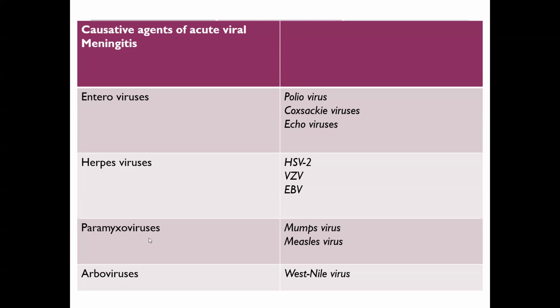Next, paramyxoviruses such as mumps virus and measles virus. And next, arboviruses such as West Nile virus cause meningitis. Arboviruses are transmitted by arthropods as vectors, by the bite of the arthropods.